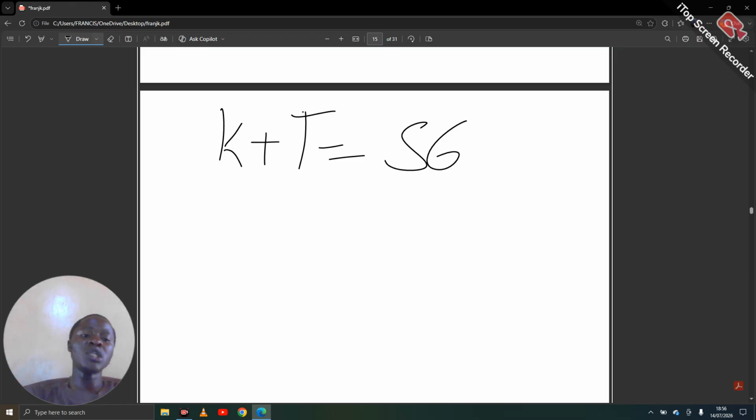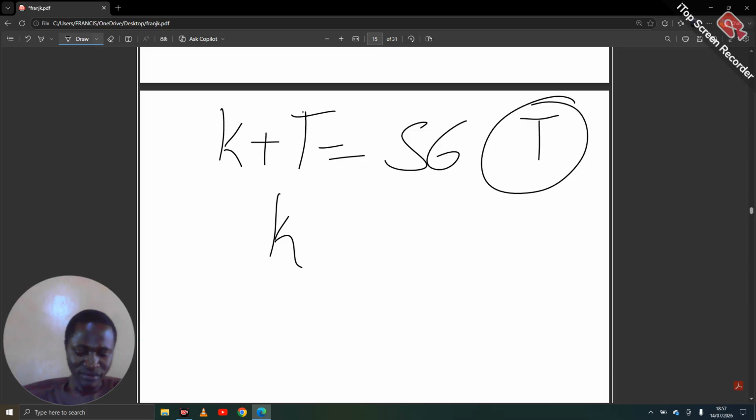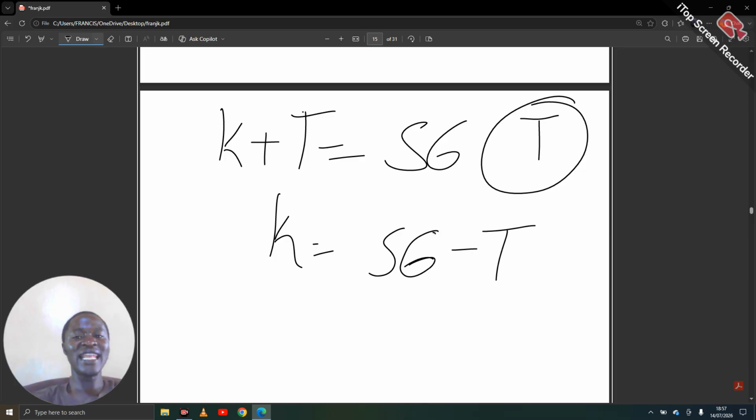That means what will we make our subject of the formula? That is k, so t is already independent. So let us make k the subject of the formula. So k will be 56 minus t.